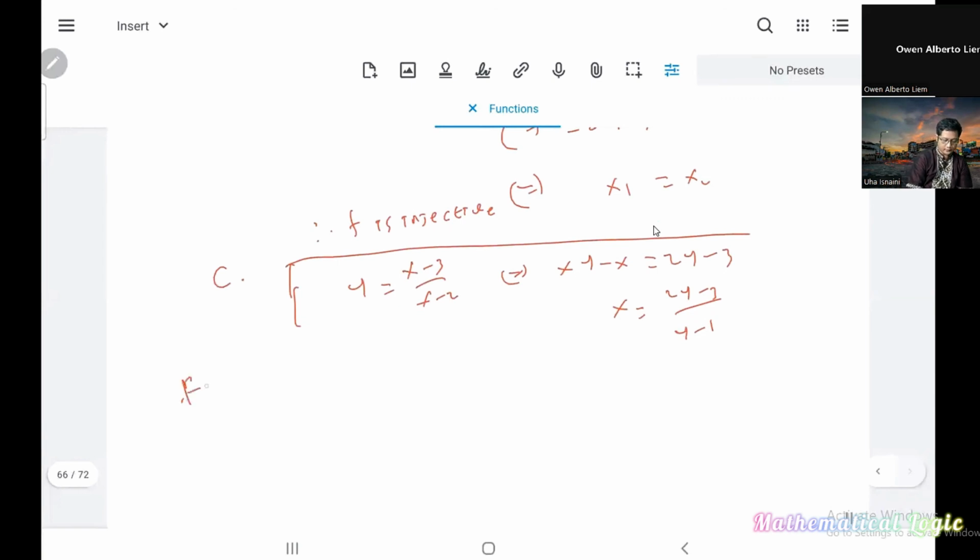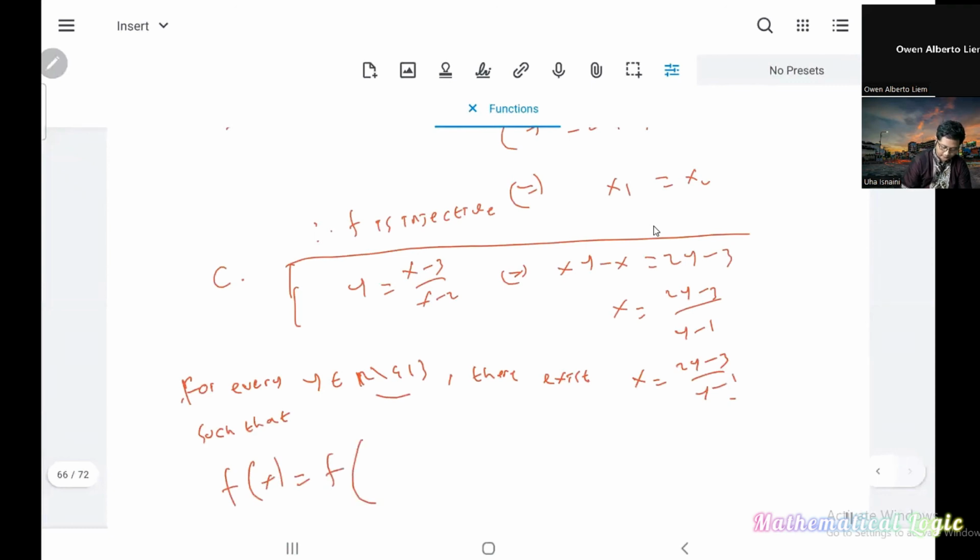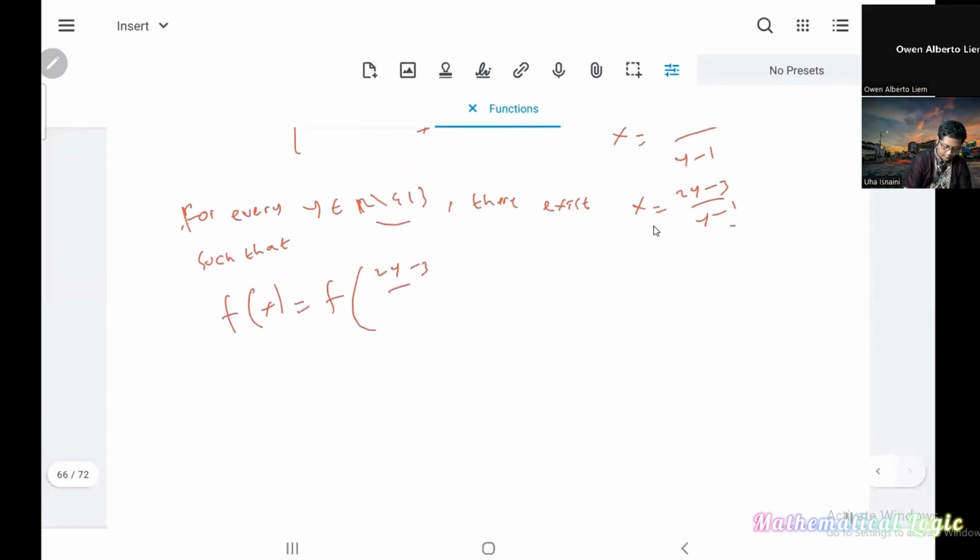So for every y in R minus {1}, there exists x equal to (2y minus 3) over (y minus 1). Because y is not 1, this is defined, such that f of x is equal to f of (2y minus 3) over (y minus 1).